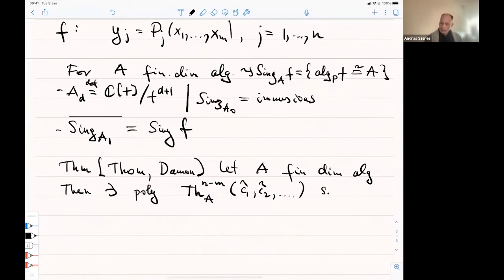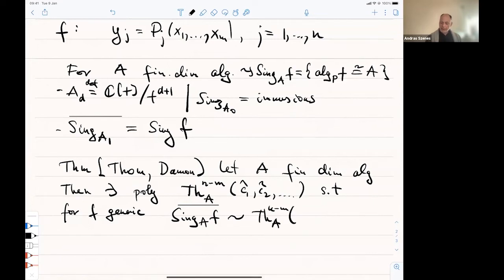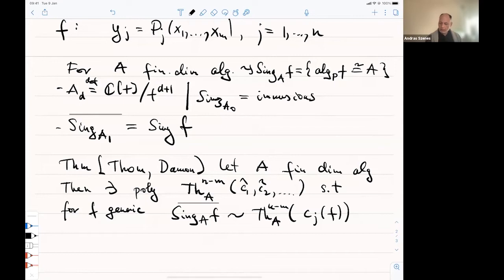And it's a polynomial such that, for F sufficiently generic, the singularity locus with this algebra A of our map F, which I'll close so you really get a variety, has its homology class equal to Th_A^(n-m), where we simply substitute for the dummy variable c_j the actual relative characteristic class, the relative Chern class of our map.